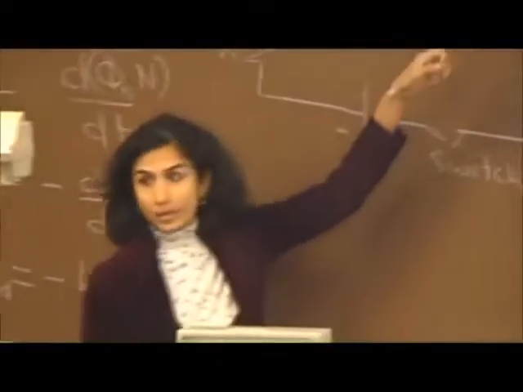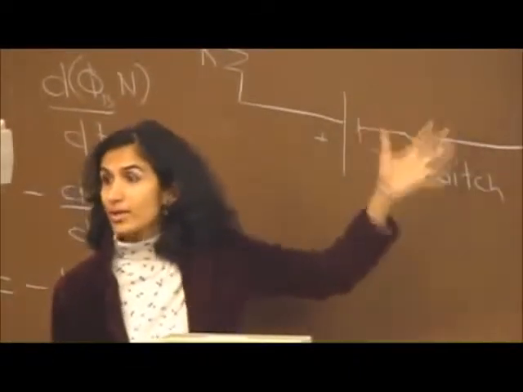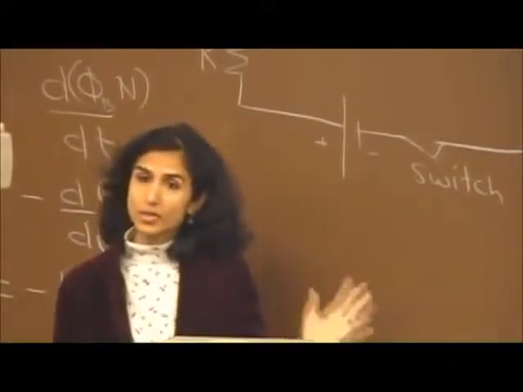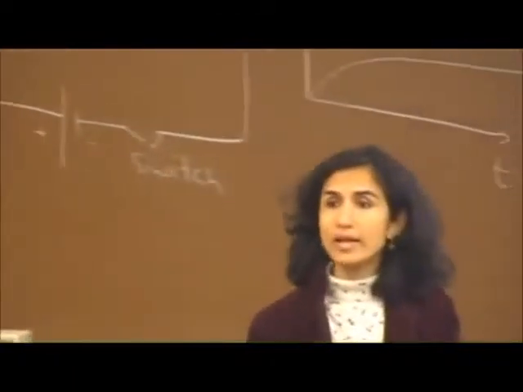And that means there is more opposition to the current suddenly increasing due to the battery in the circuit. So there is more opposition from the coil, and more tendency to maintain the status quo in terms of how much flux is passing through this coil if the self-inductance is more, right? Okay.